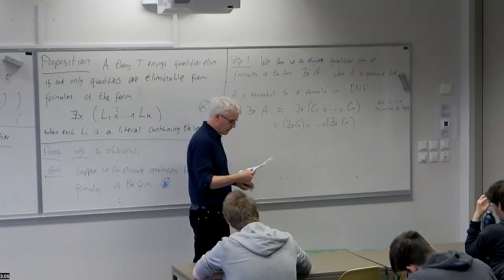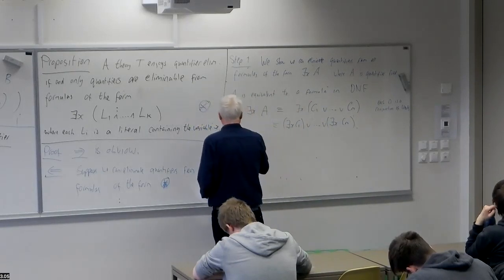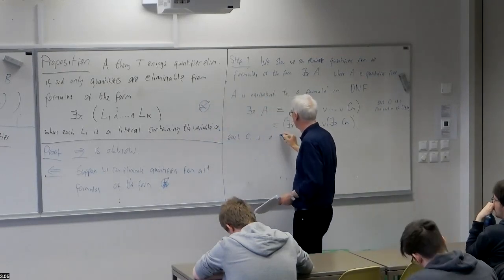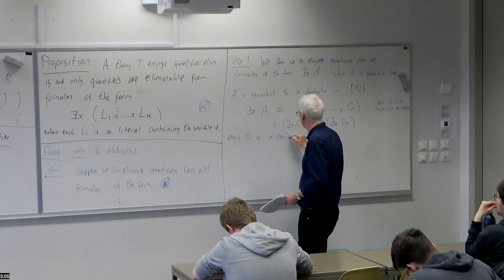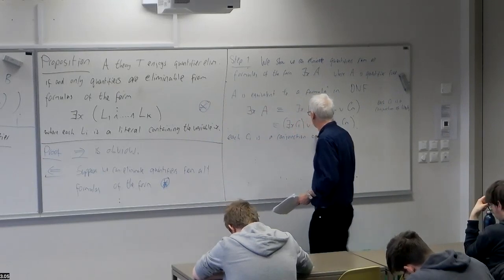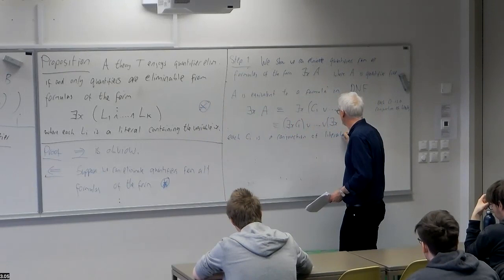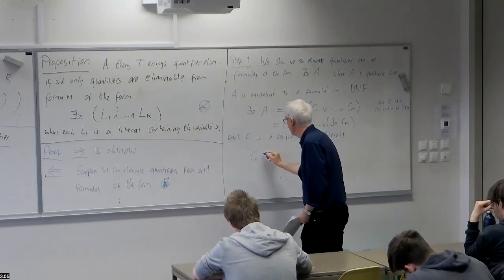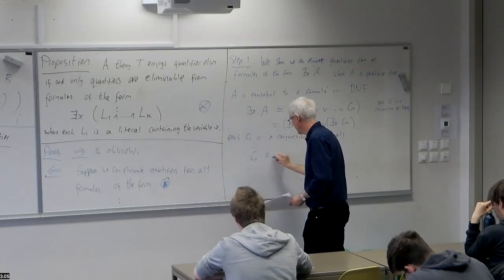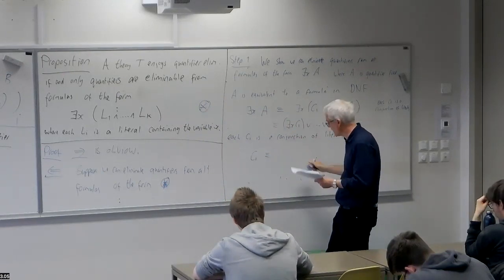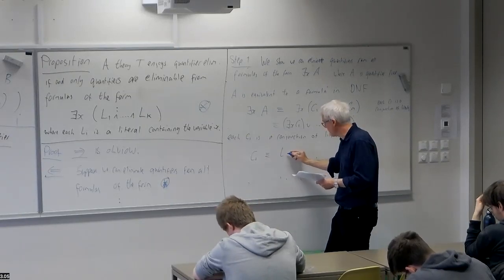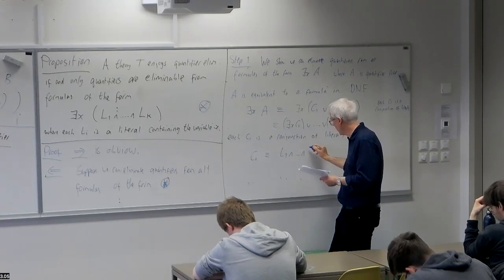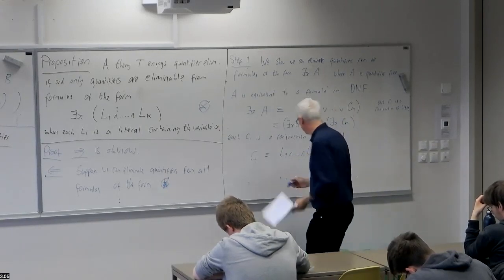Now each Ci here is a conjunction of literals, so it can be written as L1 and ... and LK.